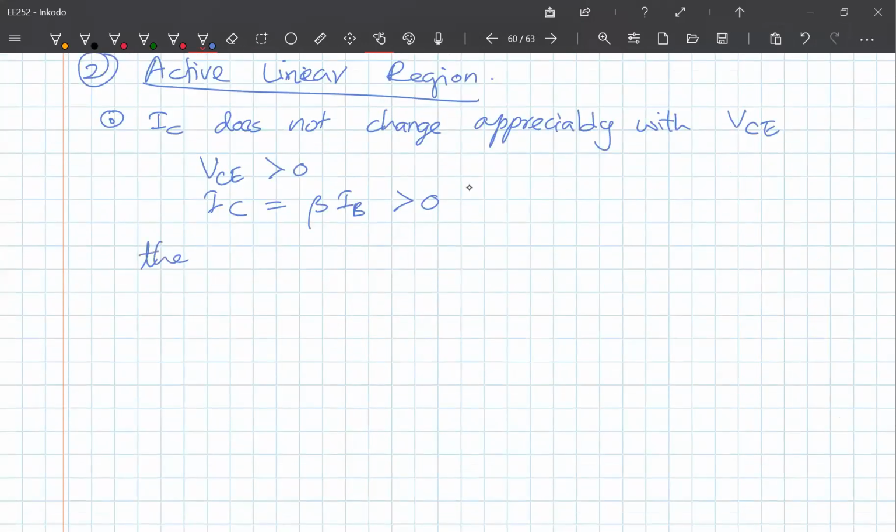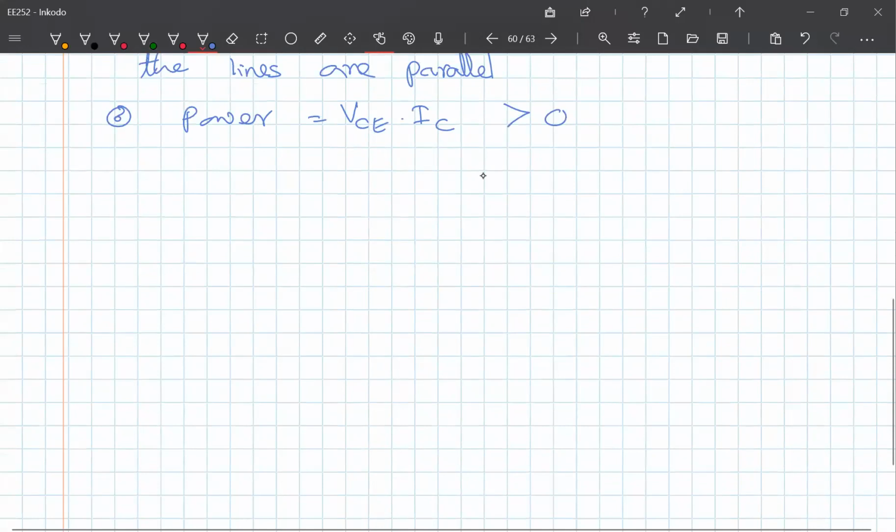The lines are parallel. Power VCE times IC is greater than 0 because both VCE and IC are greater than 0. Okay? So this dissipates a lot of power.